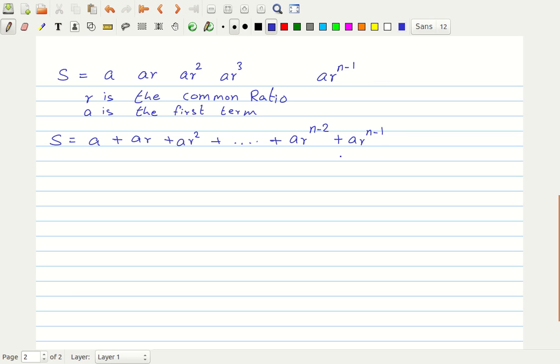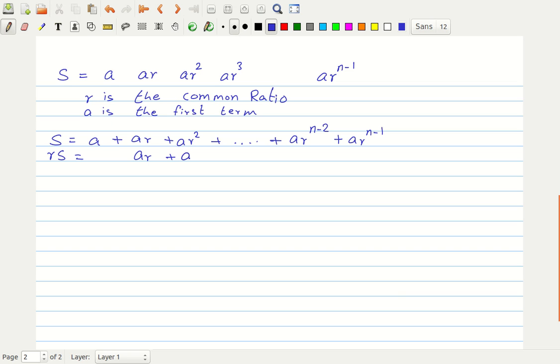Suppose I want to add this. How can I find the sum of this series? I can multiply S by R. So, this becomes R times S. Now, A times R will become AR, so I can write it here. AR times R will become AR square.